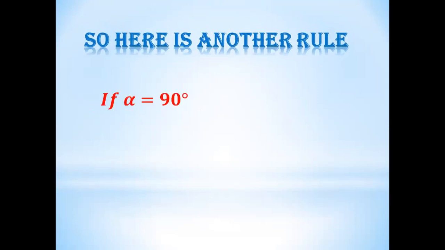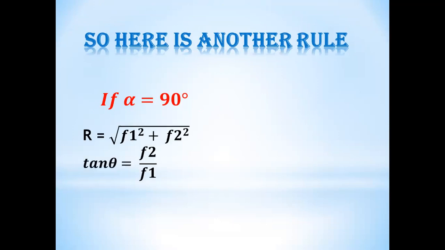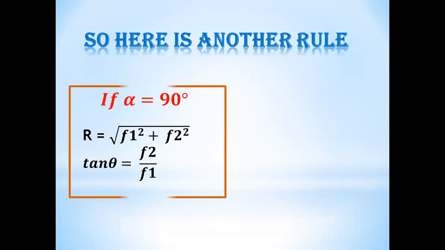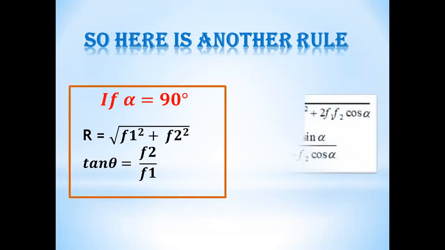So this is another rule that we have just said: if alpha equals 90, the resultant will be the root of F1 squared plus F2 squared, and tan theta will be F2 over F1. So in this session, we have taken two rules.